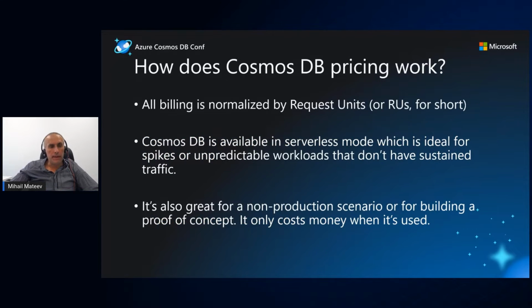So billing of Cosmos DB is related to normalized request units. And Cosmos DB in serverless mode is related to how many request units we will use, and we will pay for the used request units.